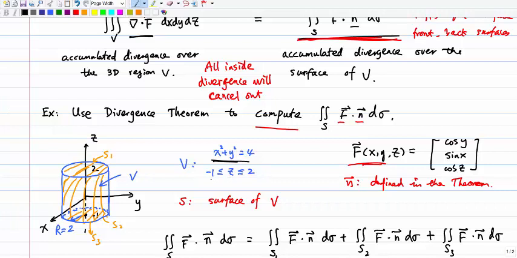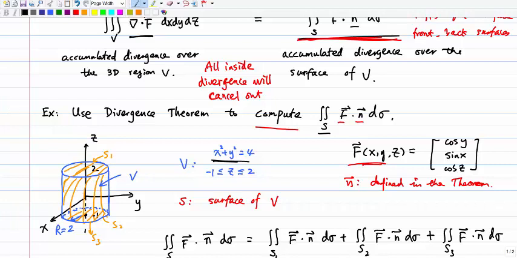The bottom is where z is negative 1, and the top is where z is 2. So you basically have a cylinder centered at the z-axis with radius 2, starting from the bottom at z equals negative 1 and the top at z equals 2. That's my cylinder. So S is the surface of the cylinder, including the top, the bottom, and the side.